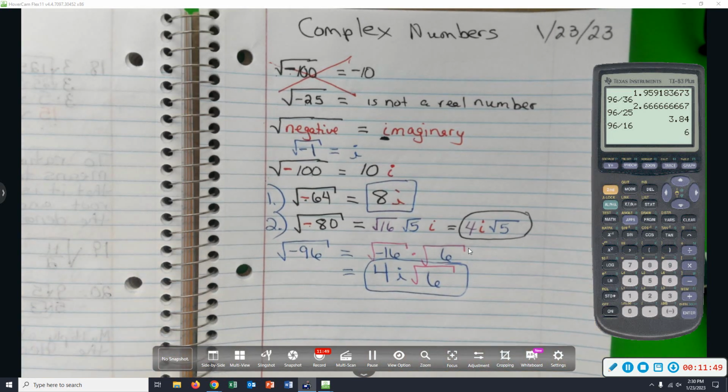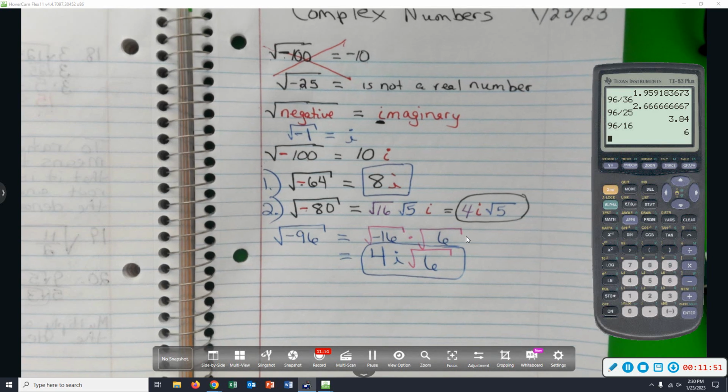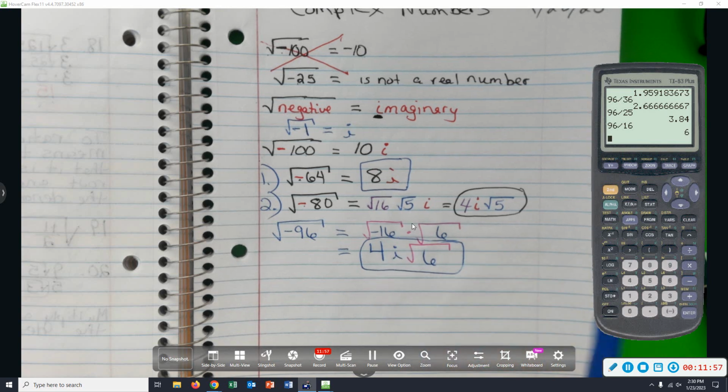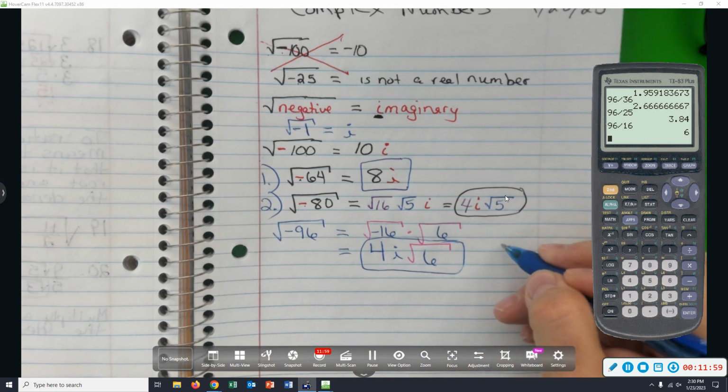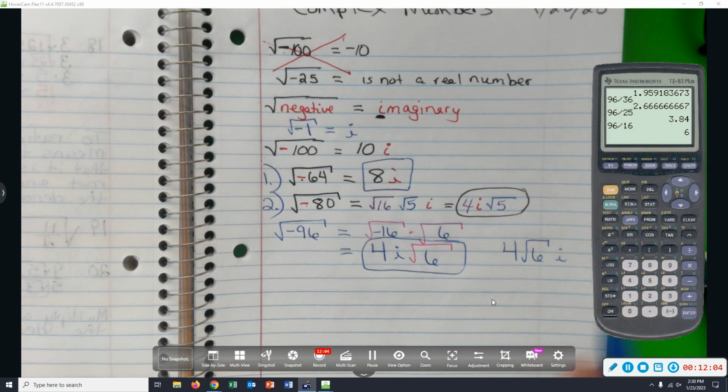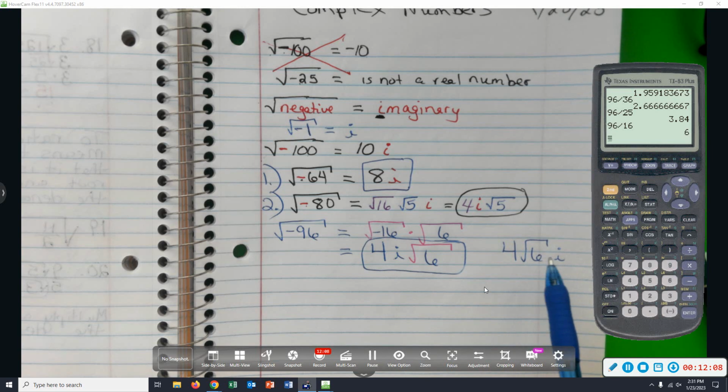Just in case you forgot from last time, these aren't little exponents there. That closes the square root symbol there. If I'd written it like this, 4 square root of 6 times i, as long as that i is clearly not underneath that square root, my lab's going to accept it.